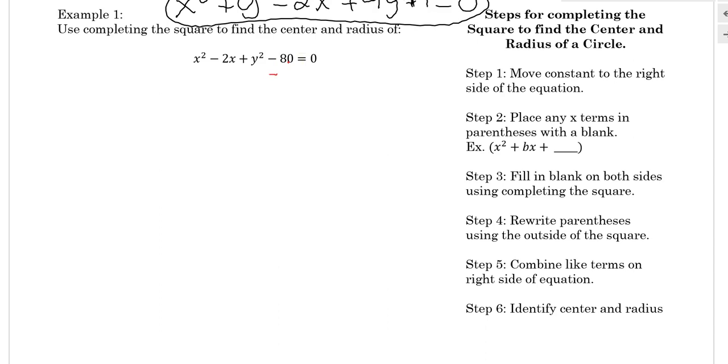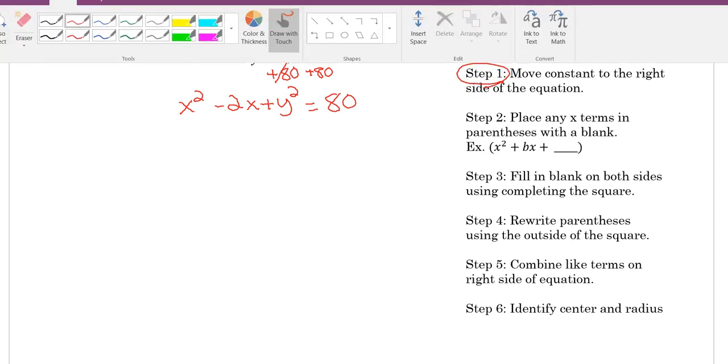So since I'm subtracting, I'm going to add. We always do the opposite. So I have x squared minus 2x plus y squared, negative 80 plus 80, those go away, equals 80. That was step 1. Okay. Step 2.